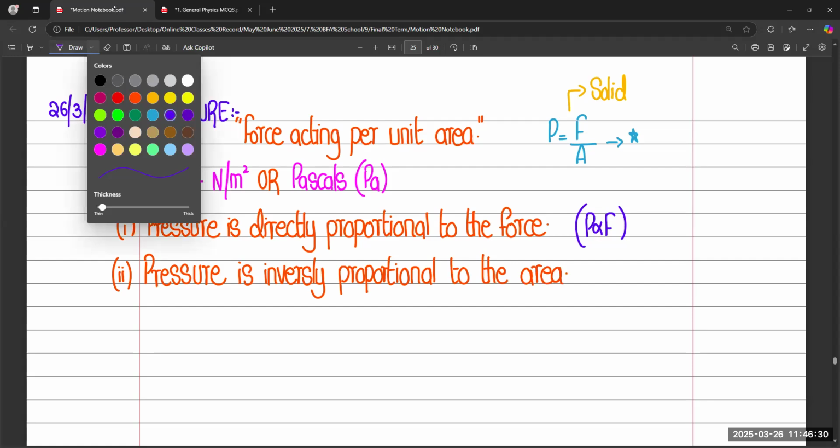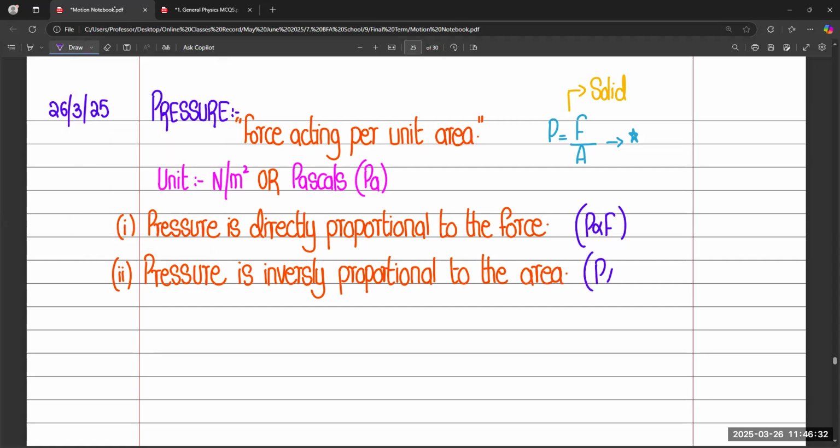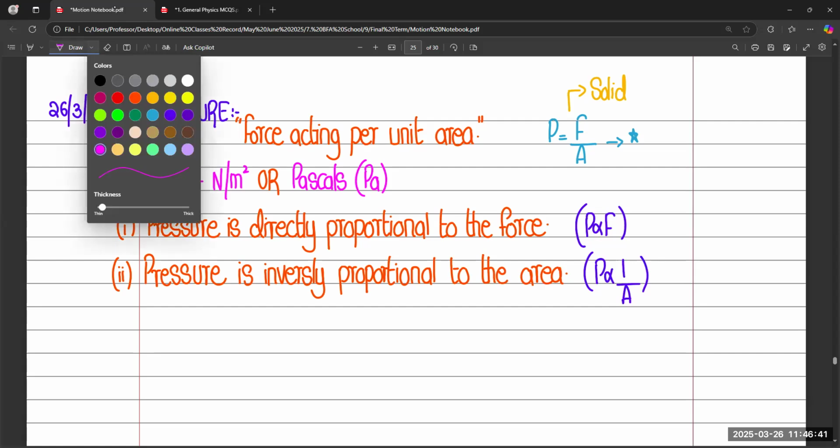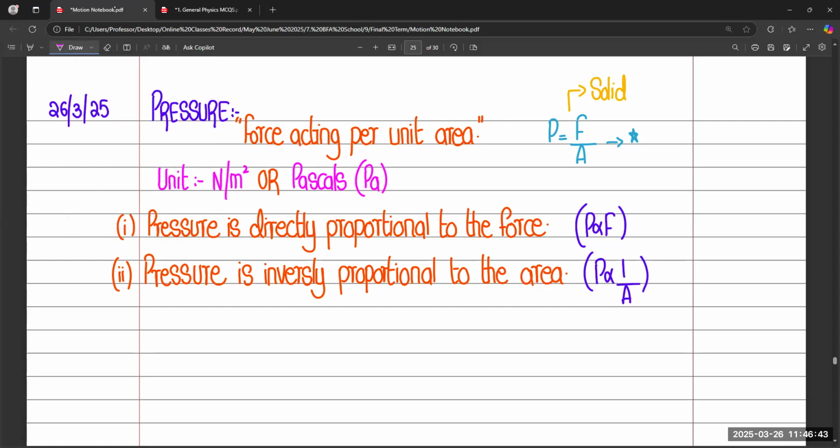It means that if we increase the area, the value of pressure decreases. So this is the relation between the quantities. If we increase area, pressure decreases, and if we increase the force, pressure also increases. So this is the concept of direct and inverse proportionality of the quantities with respect to pressure.